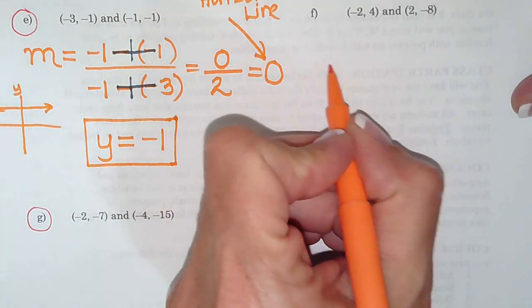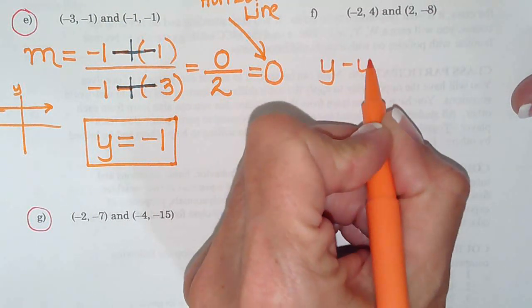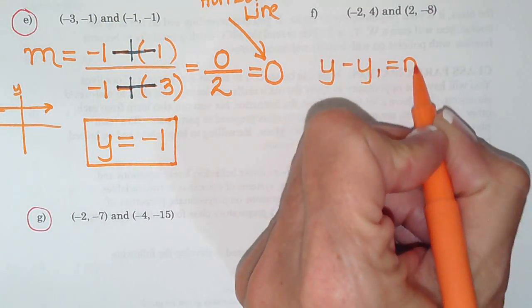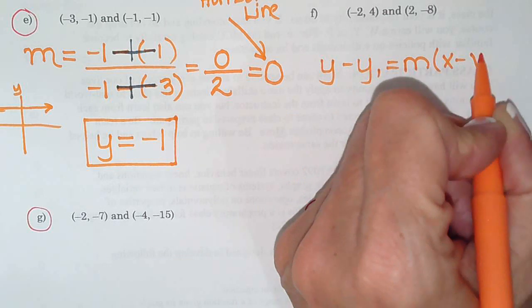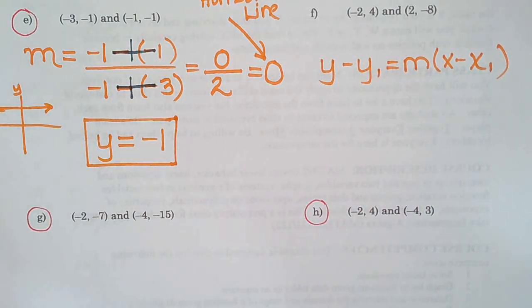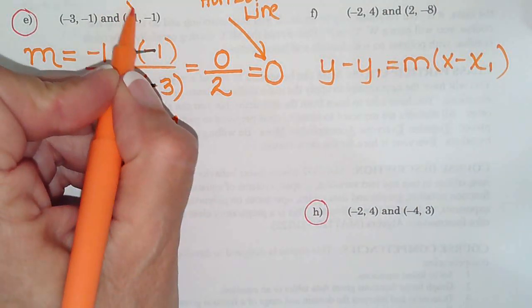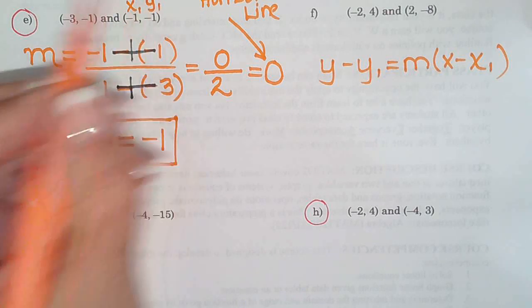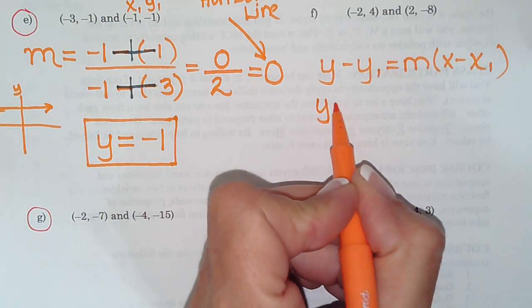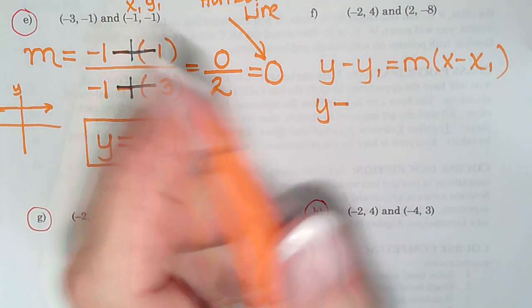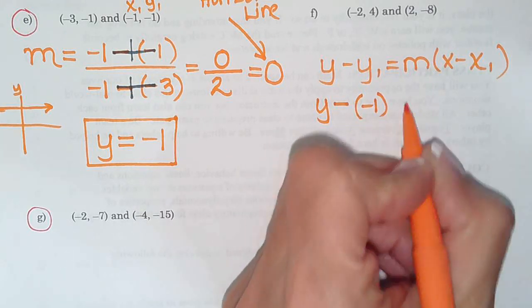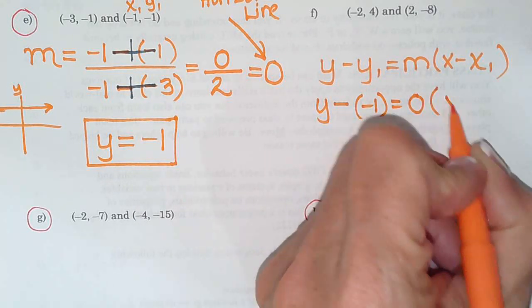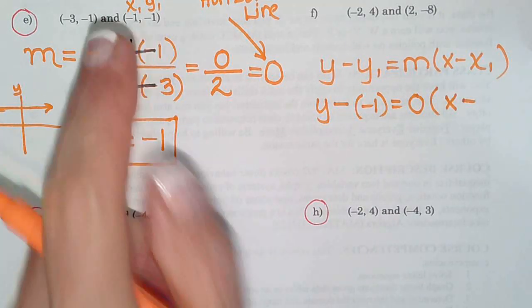So what you would have done is you would have went to y minus y1 equals m times x minus x1. And you would have said, I guess I'll call this one x1 and y1. And you would have went y minus -1 equals 0 times x minus -1.